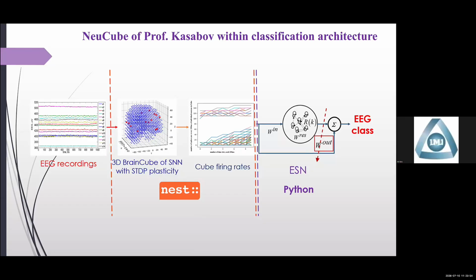Why? Because this way we extract not only temporal information, but also spatial information. Closer neurons interact more, and those that are separated by distance probably don't interfere with each other. Here are the firing rates in the cube example, and we feed these features to the classifier.